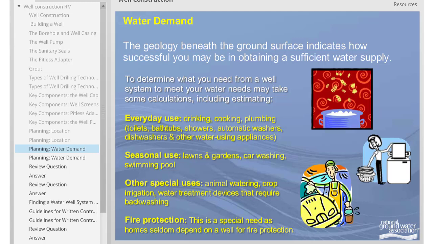To determine how much water you need may take some calculations, including estimating everyday use such as drinking, cooking, and plumbing involving toilets, bathtubs, showers, automatic washers, dishwashers, and other water-using appliances, seasonal use for lawns and gardens, car washing, pools, and other outdoor purposes, other special uses such as animal watering, crop irrigation, and water treatment device backwashing, and fire protection use in those infrequent cases where another surface water storage option is not available.